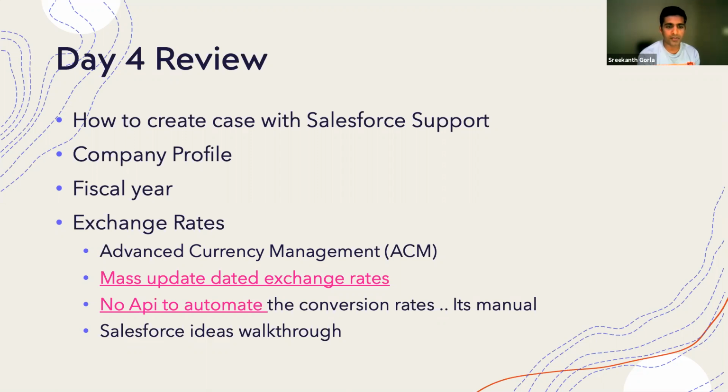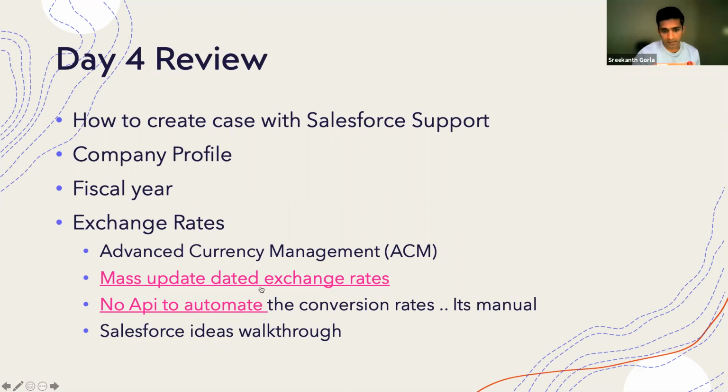We can enable multiple currencies and also advanced currency management, where we can see dated rates. Basically, from this day to this day, whatever currency we want to show in the system. Those are the things we have seen.